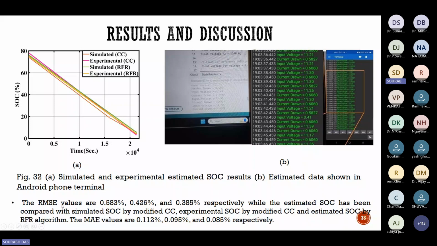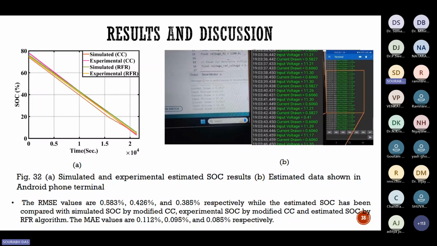The RMSE values are 0.583%, 0.426%, and 0.385% respectively, while the estimated SOC has been compared with the simulated SOC by modified Coulomb counting. Modified Coulomb counting means conventional Coulomb counting with the SOC-OCV curve.